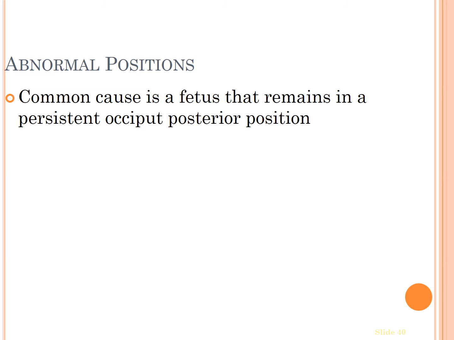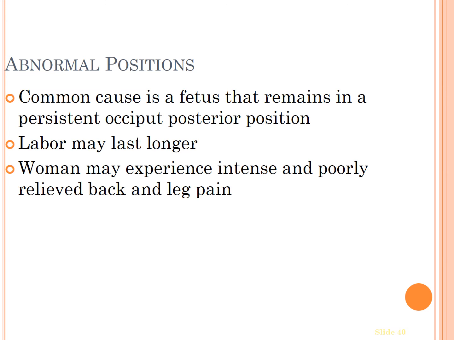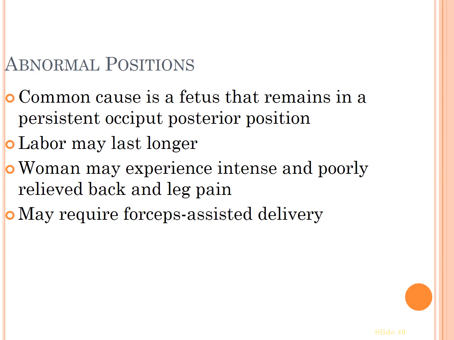In most situations, the head will rotate either clockwise or counterclockwise to get into the position that is most favorable, but the duration of labor can be longer and it can be much harder on mom. And these may also require forceps delivery.